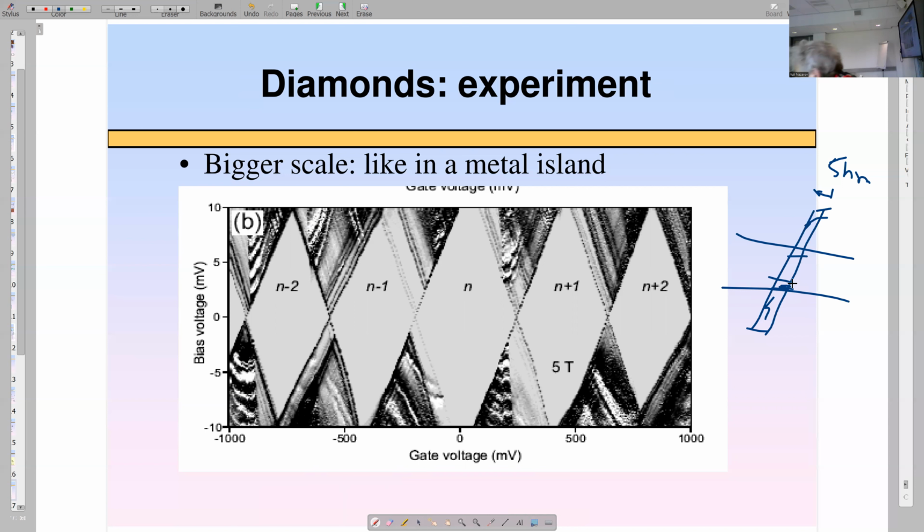So what do we see here? First, the color shows us differential conductance. Here it's about zero in these Coulomb diamonds corresponding to different N. The conductance increases, there's current going on, and what you can see here are discrete lines.